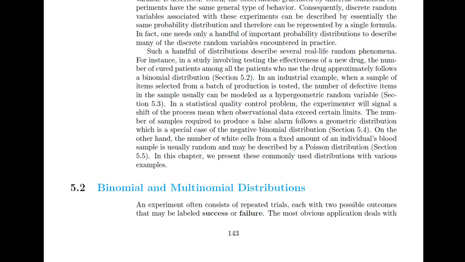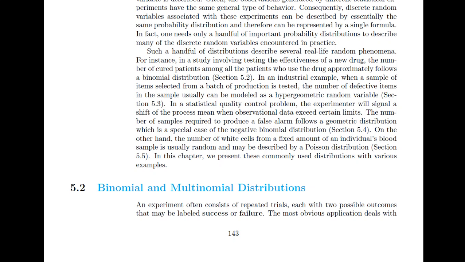In a statistical quality control problem, the experimenter will signal a shift of the process mean when observational data exceed certain limits. The number of samples required to produce a false alarm follows a geometric distribution, which is a special case of the negative binomial distribution.